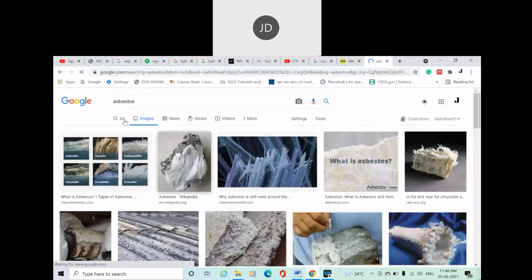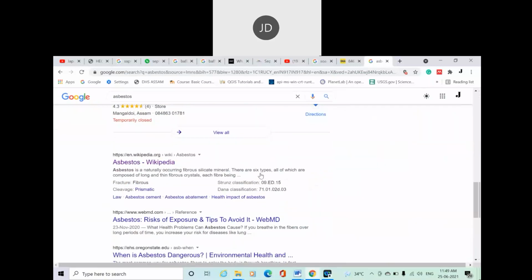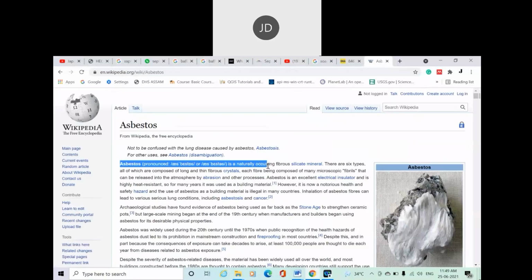So basically, what is asbestos? Basically, if I go to Wikipedia, asbestos is a naturally occurring fiber of silica minerals. Basically, it's a combination of silica material. I think you have seen an asbestos roof structure, right?